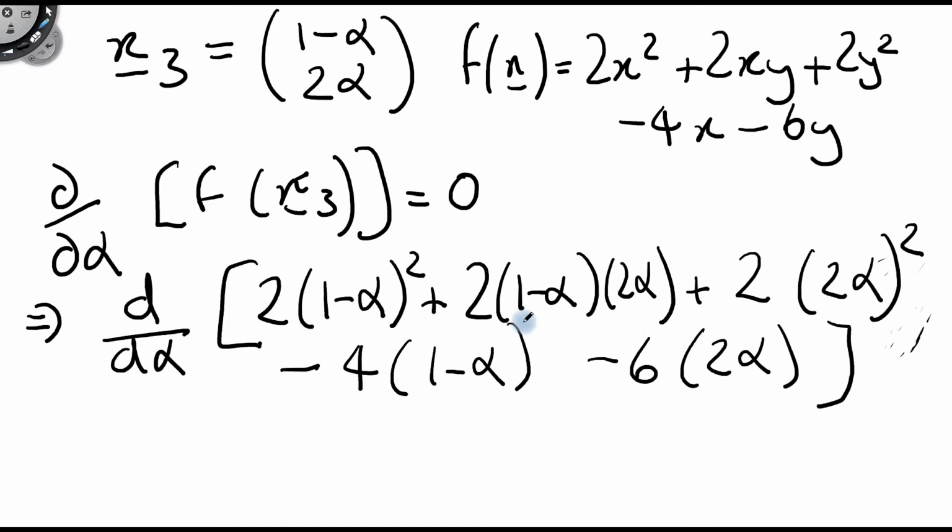So all I've done is take my expression for x3 in terms of alpha and substitute it into f of x. This is where keeping the function you're minimizing to hand helps, otherwise you're trying to memorize it. So just a reminder: the 2x squared gives this one, the 2xy term gives this one, the 2y squared gives this one, minus 4x gives this one, and minus 6y.